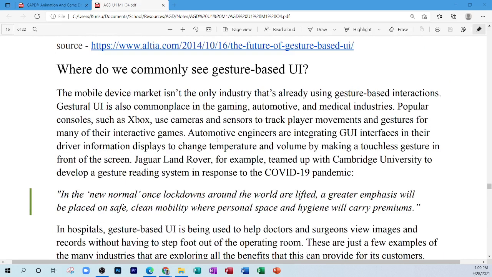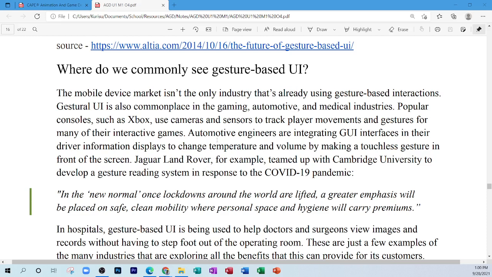Where do we commonly see gesture-based UI? Alia? The mobile device market isn't the only industry that's already using gesture based interactions. Gesture UI is also commonplace in the gaming, automotive, and medical industries.